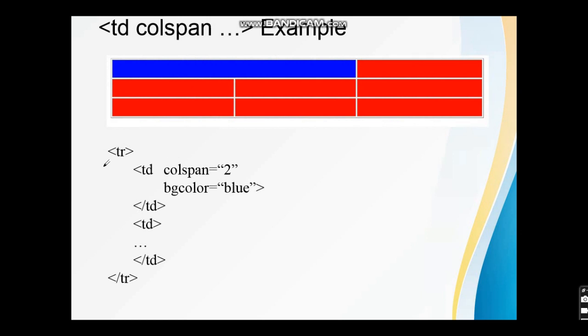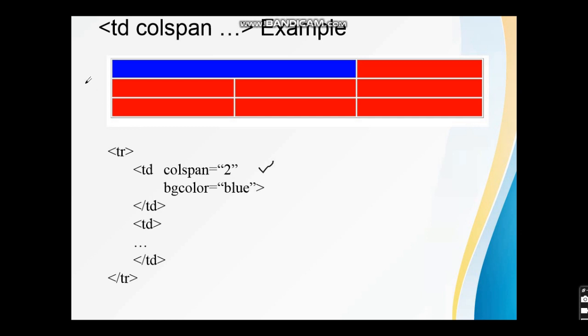Here you can see a TD col span example. You are merging two columns of your first row. How are you going to do this? You are going to do it in this format. You can see TD col span equals 2 and BG color is blue.